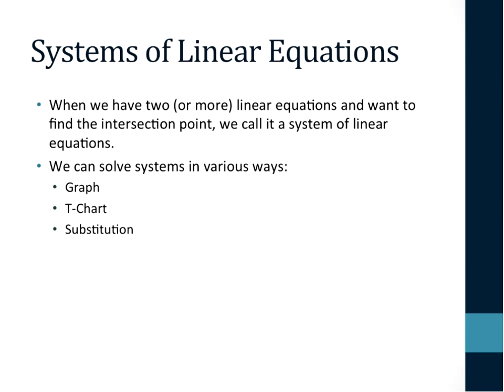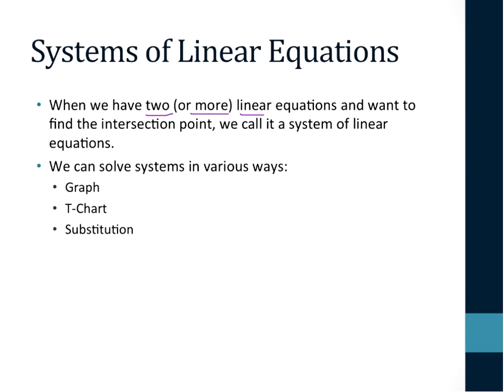A system of linear equations is when we have two, and sometimes more, but in this unit we're only going to be working with two linear equations. We just worked with linear equations in Module 4, where we're looking at a line, it's got a slope, it's got a y-intercept.